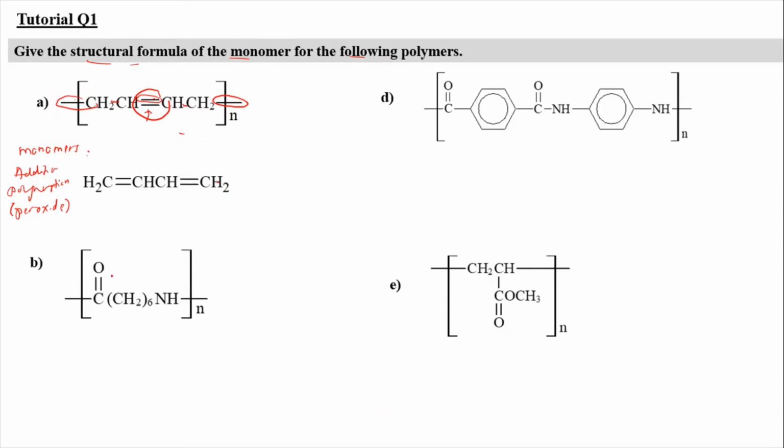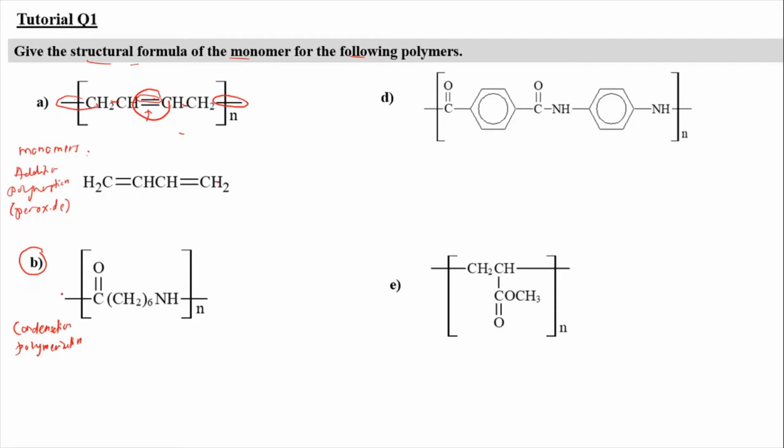Now we move on to question 1b. So 1b, we have C double bond O, CH2, 6 and H. As you can see here, it is a condensation polymerization. Why did I say condensation polymerization?